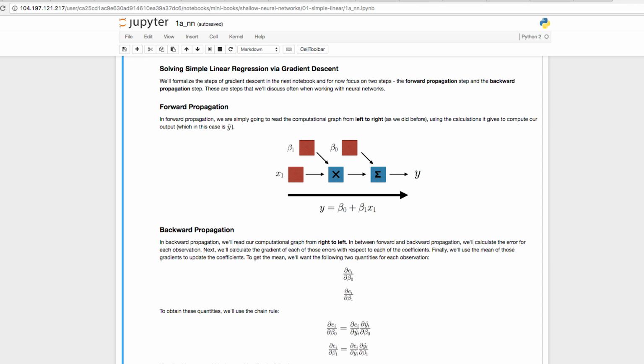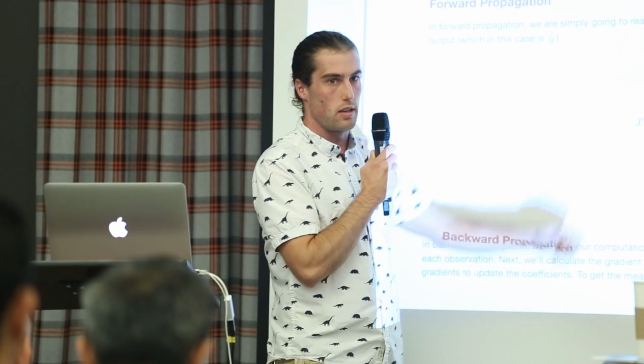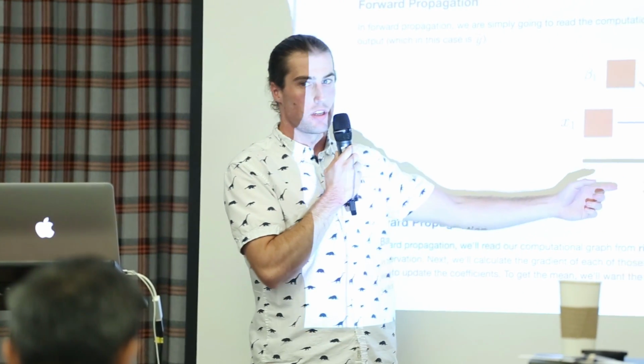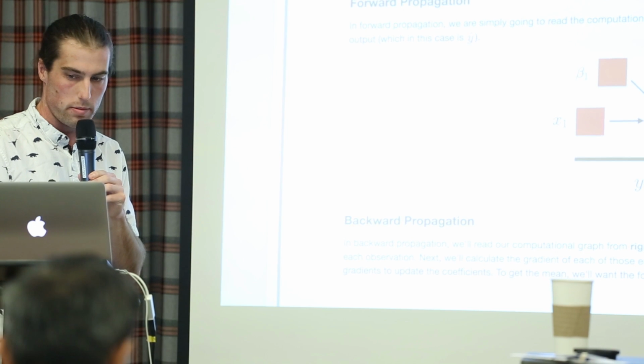Oftentimes, we talk about gradient descent with neural nets using 2 major steps, forward propagation and backward propagation. The forward propagation step is where we just calculate our predicted values, right? So we read our graph from left to right, and we use the equation that generates our predicted values to obtain those. That's the forward propagation step.